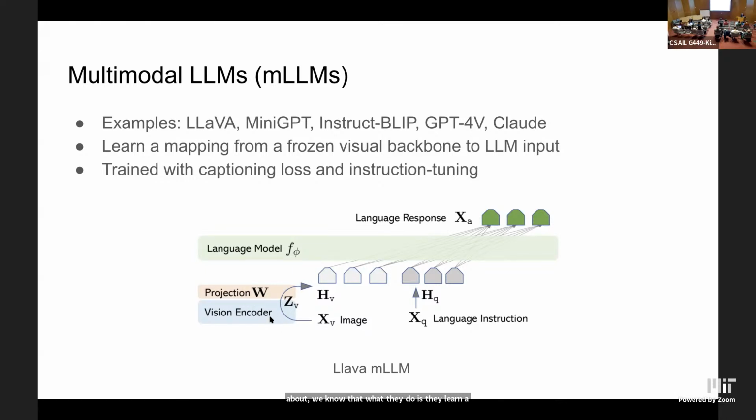So we have a pre-trained vision encoder that we don't change, and a large language model that we also don't change. All we change is we learn the parameters of a projection layer. Basically they're stitching a pre-trained vision encoder to a pre-trained large language model with captioning loss followed by some instruction tuning, like vision question answering and instructions.